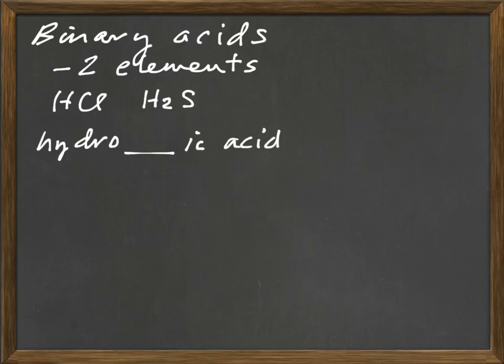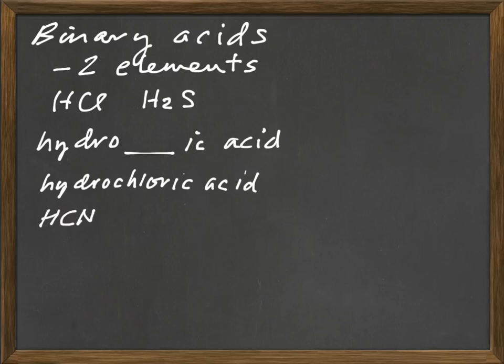So HCl is hydrochloric acid. And that one guy that shows up in the lab worksheet, HCN. You're like, well, that's not binary. Well, it's hydrogen and one ion.